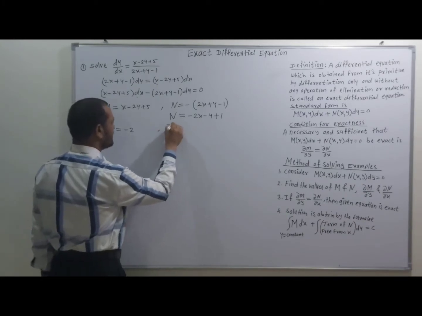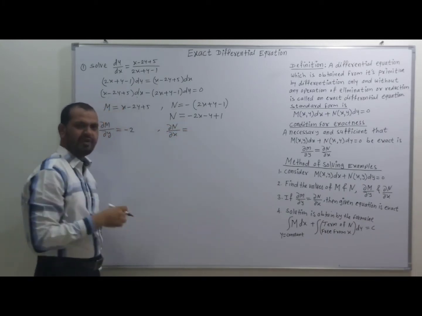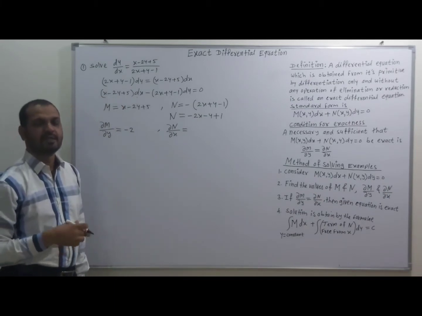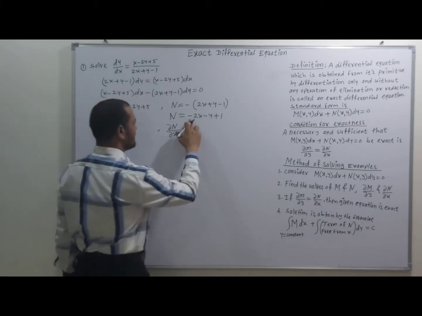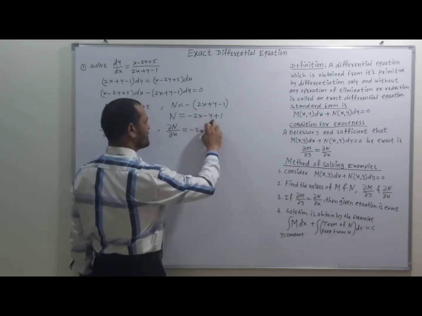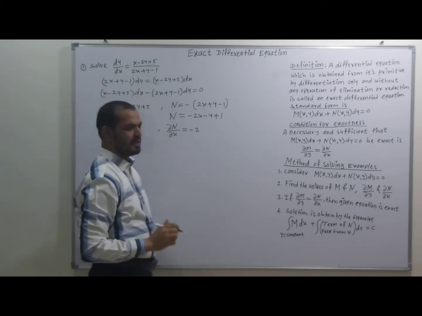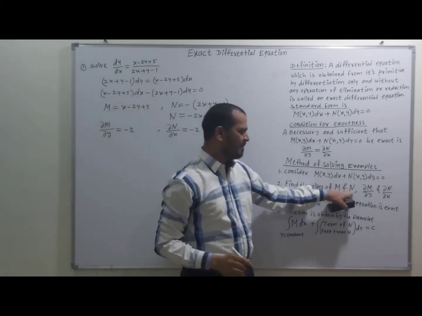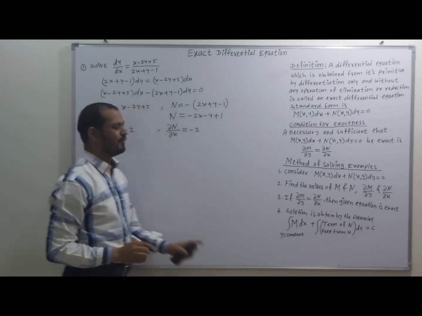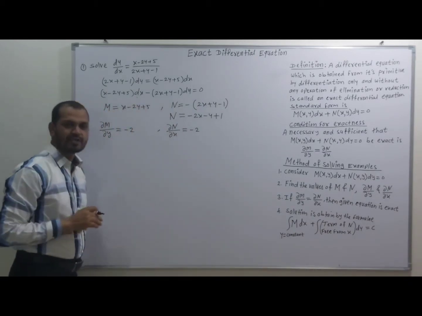Similarly, find the partial derivative of N with respect to x. When we take the partial derivative with respect to x, y is constant. So the derivative is -2, and y and 1 are constant. In step number 2 we find the values of M and N, and the partial derivatives of M with respect to y and N with respect to x.